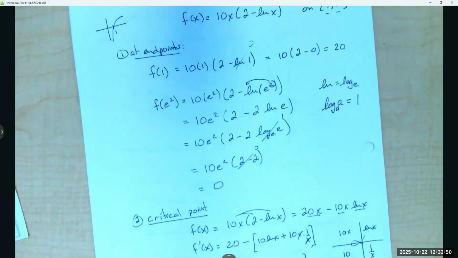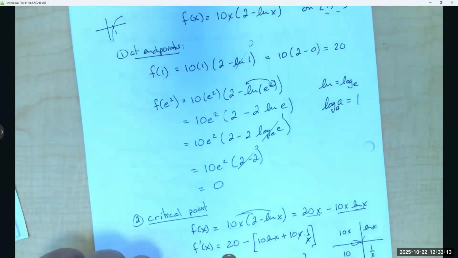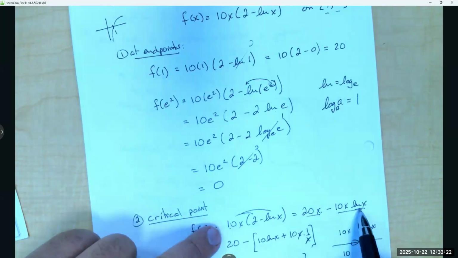Now the critical values, we took a derivative of it. We could have done a product rule first, but you can multiply it out and then have a difference rule. But we still have to do the product rule there anyway, so we should have just done it right here. Out of this, we have 20x minus 10x times ln x.